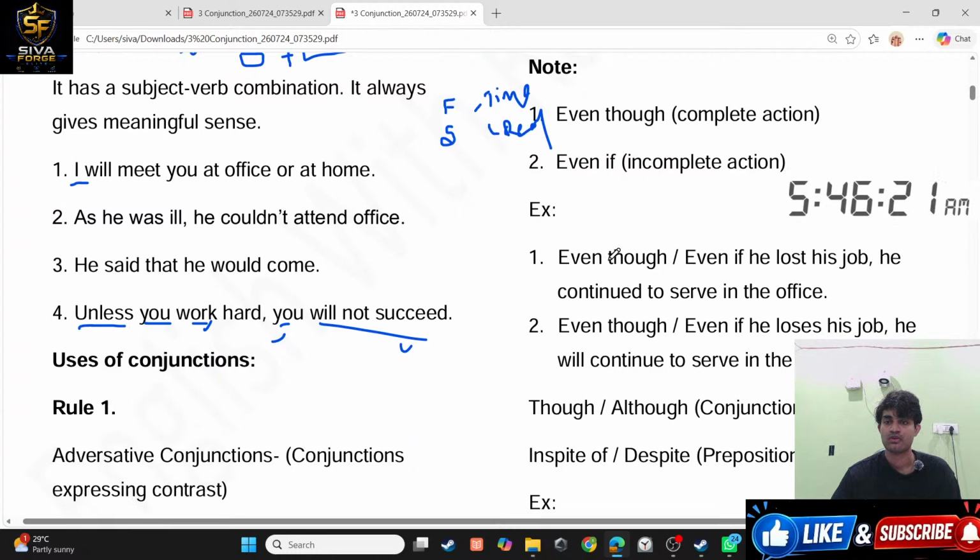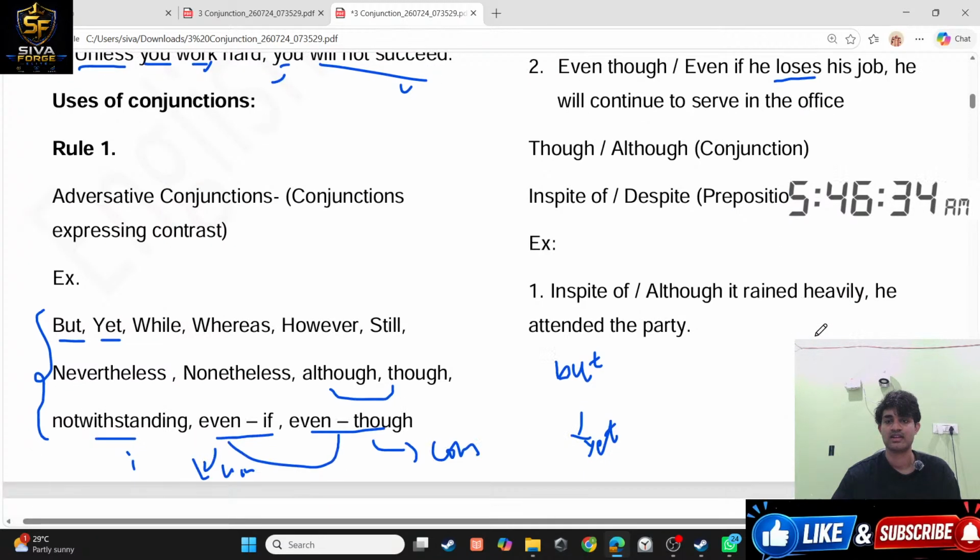Even though he lost his job, he continued to serve in the office. Even if he loses his job: here lost is a completed action, loses is an uncompleted action. Next, though and although are conjunctions; in spite of and despite are prepositions. After a preposition we get a noun or pronoun, that is an object.